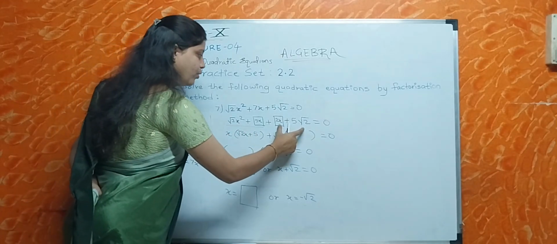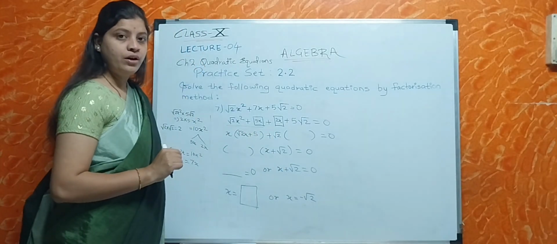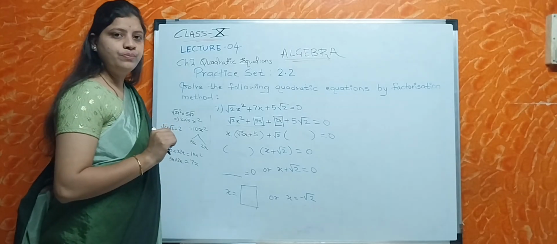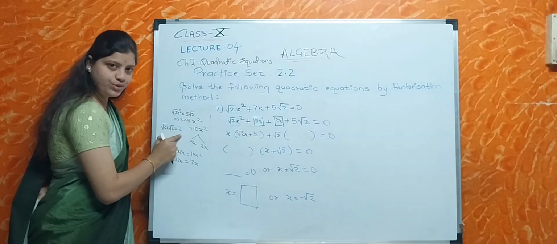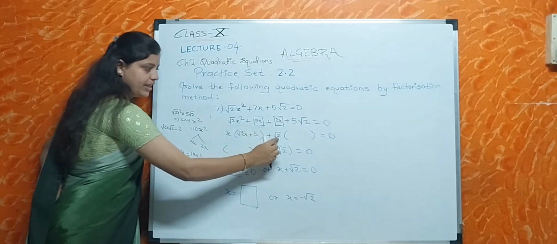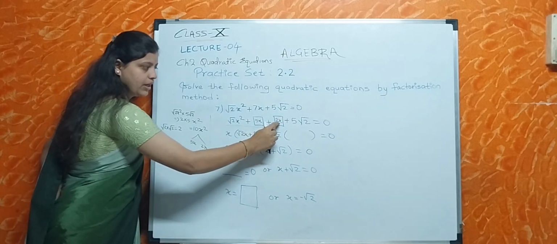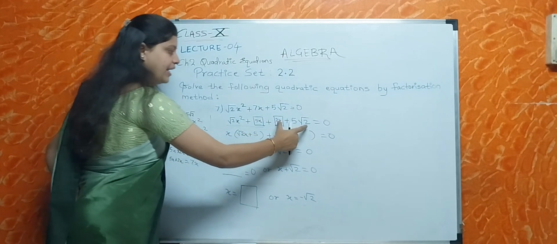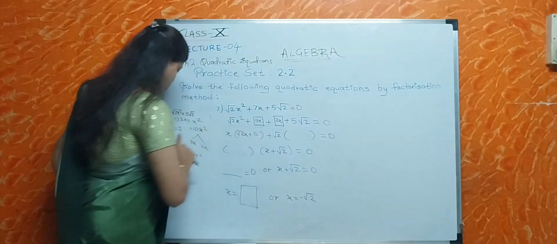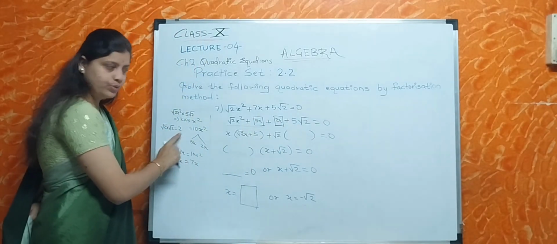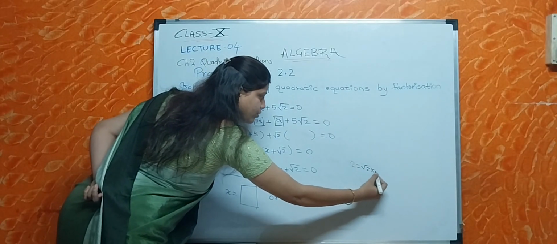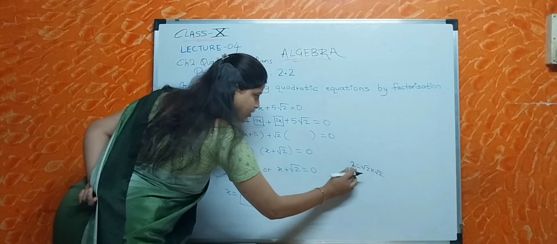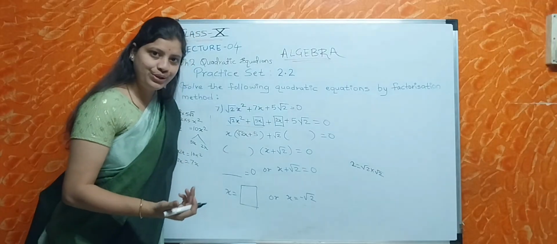Plus similarly, in both the terms what is common? Root 2. Now why root 2? See, we know that root 2 into root 2 is 2. So here 2 is there and here root 2, but we know root 2 into root 2 is nothing but 2. So in place of 2, can we write root 2 into root 2?